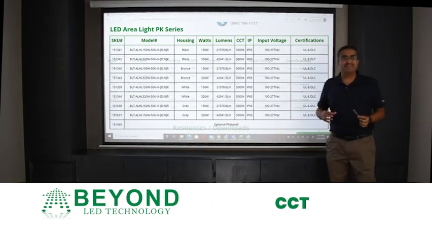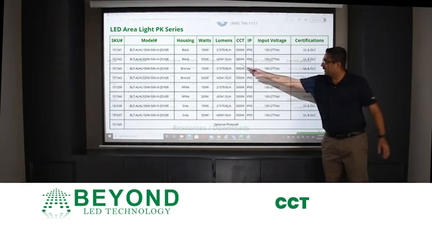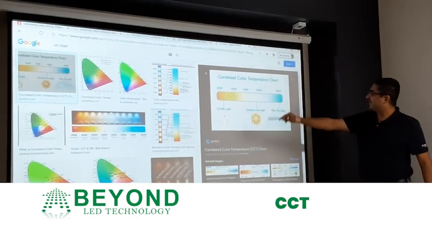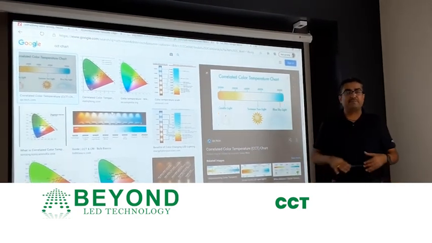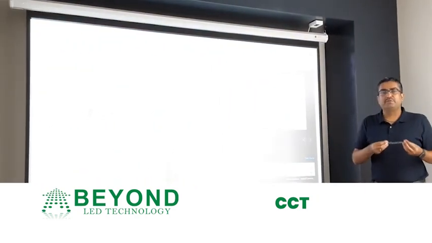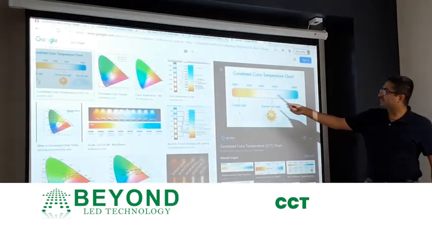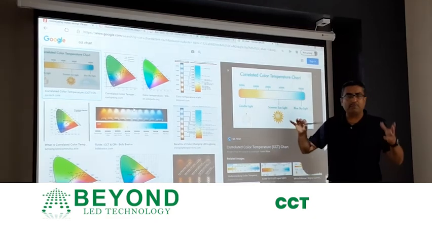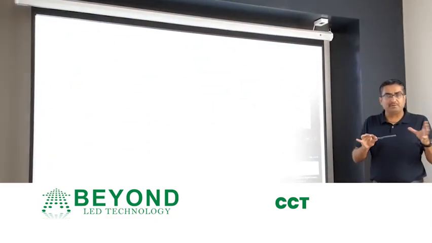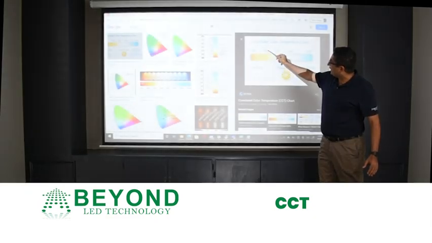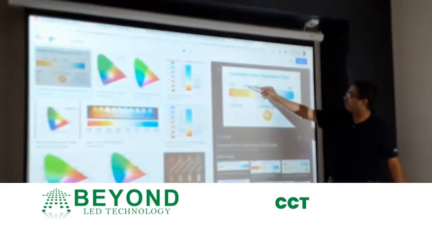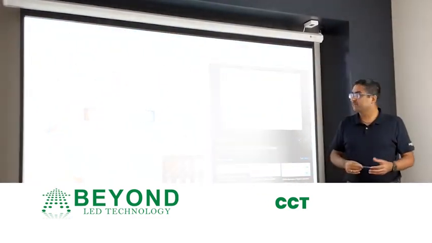Now, let's talk about CCT, which is the color temperature of the product. If you look at this chart right here, the CCT is color temperature, which is measured in kelvins. So if you look at it here, 2000 kelvins is a reddish, orangish color. Once it turns to 3000 K, it's softer, and we call it warm light.